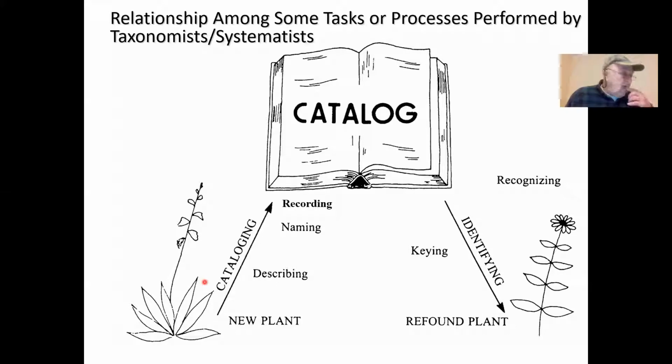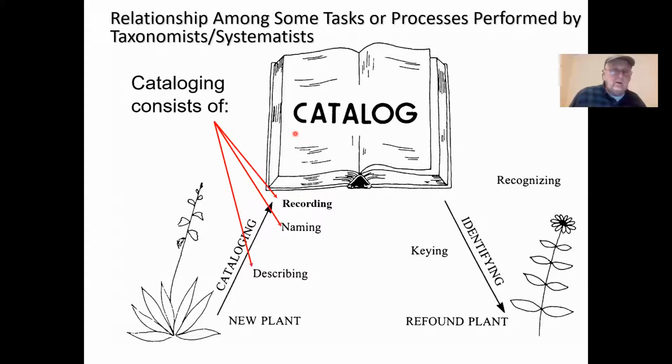All right, now we'll spend a few minutes on this slide because, as we go forward, we'll spend less and less time on them, because these first slides are pivotal. If the specimen you're looking at is not new to science, that means it's already been cataloged. Now, you never hear the word catalog talked about much, but cataloging involves the recording, naming, and describing of a species or taxon.